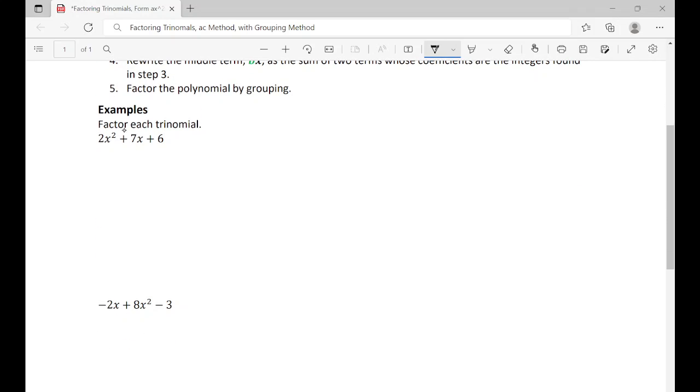So 2x squared plus 7x plus 6, we're going to take our a term, 2, and multiply by our c term, 6. So a times c is going to give you 12, and our b term here is 7. So we're going to ask ourselves, what times what will give us 12, but when added together will give us 7.